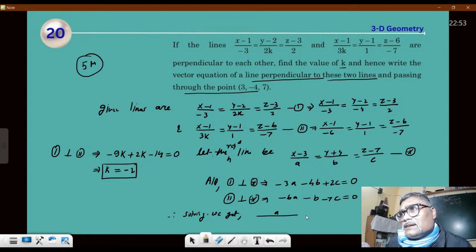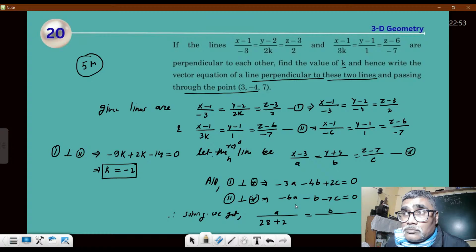This is the cross multiplication method of solving these kinds of equations, where the answer we get is in proportions. So below a, you cross multiply: -4 into -7 gives 28, and then this is +2.